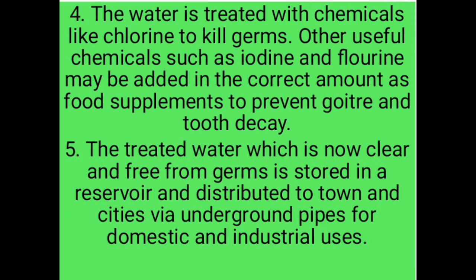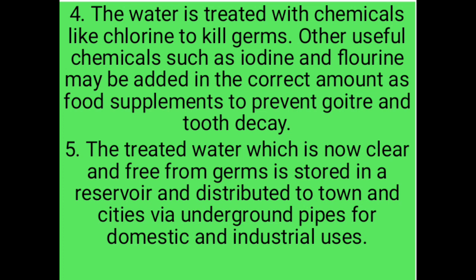Then the next method, the water is now treated with chemicals like chlorine to kill germs. Other useful chemicals such as iodine and fluorine may be added in the correct amount as food supplements to prevent goiter and tooth decay. The next step is to add chemicals like chlorine to kill the germs, then iodine and fluorine.